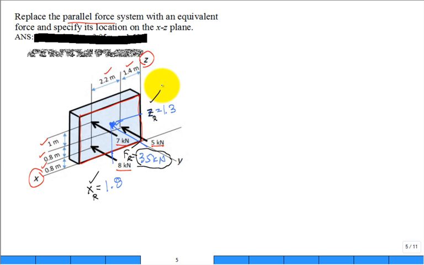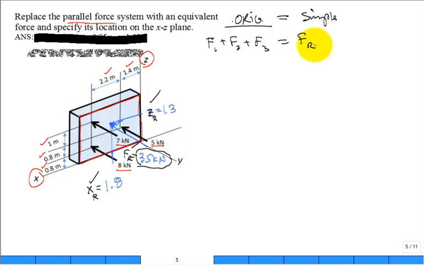So they have to have the equivalent net translational force. We're saying that the original system is equivalent to some reduced or simplified system. What was the original system? I'm going to have F1, F2, and F3, and the simplified is just one magnitude of force. Because they're all in the j direction, I'm not going to put i, j, k.